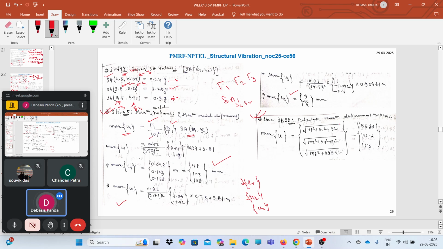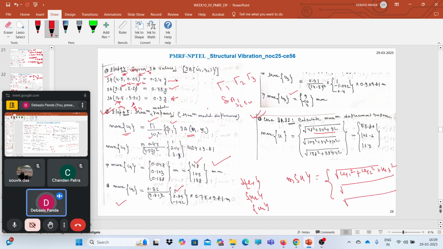With SRSS, as you have already seen, we sum the squares of the maximum displacements. So the maximum of U as per SRSS for the first component is U11 square plus U12 square plus U13 square. For the second component again, and for the third again.